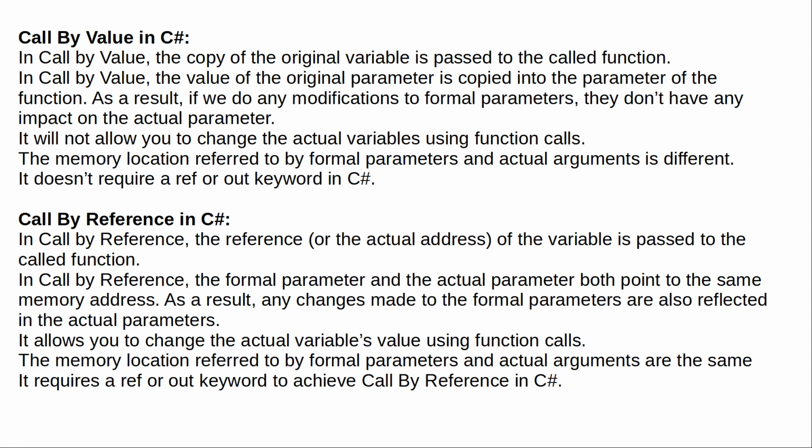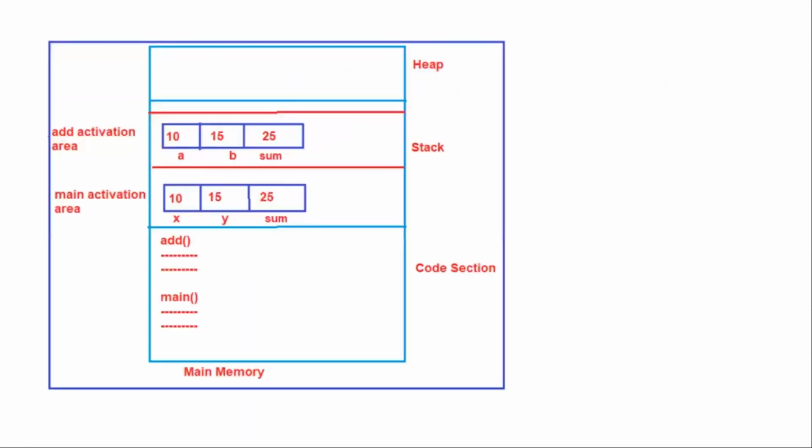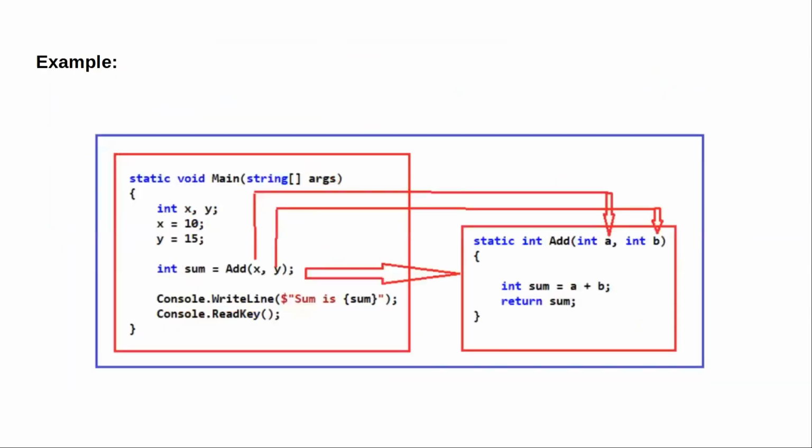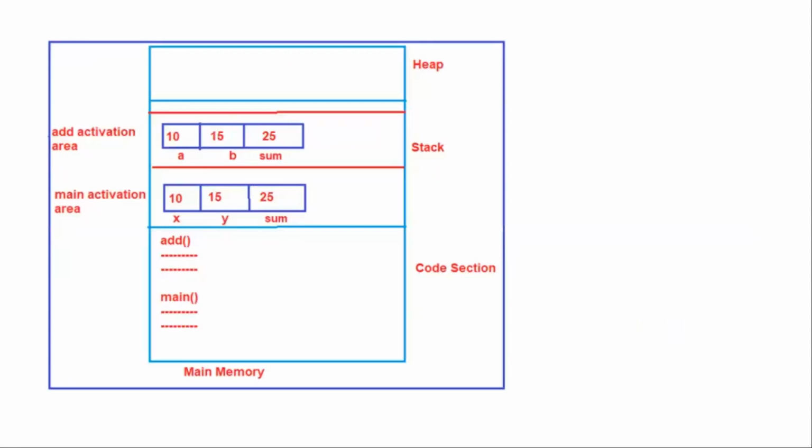Call by value means whenever you pass any variables to the method, once the execution starts in the function, it creates a copy of its own variables. Like here, from the main method, I am passing two variables x and y and invoking the add method.